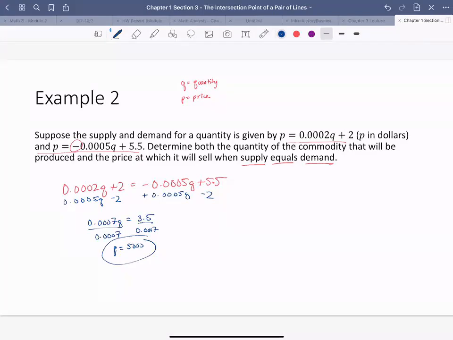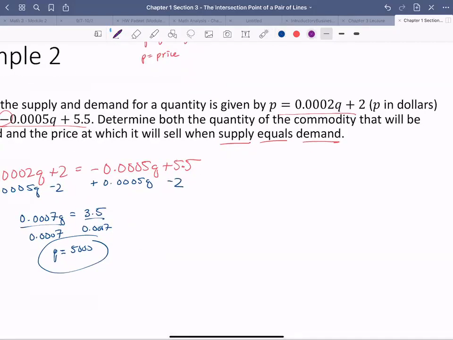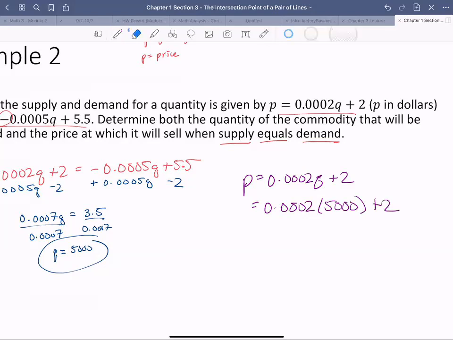It really doesn't matter which one you substitute into. I'm going to substitute into the first one only because the numbers are a little bit smaller. They're all positive, and the 2 is a little smaller than the 5.5. So if P equals 0.0002 Q plus 2, and I know that Q is 5,000, if I multiply that, this just gives me 1 plus 2, which is 3.